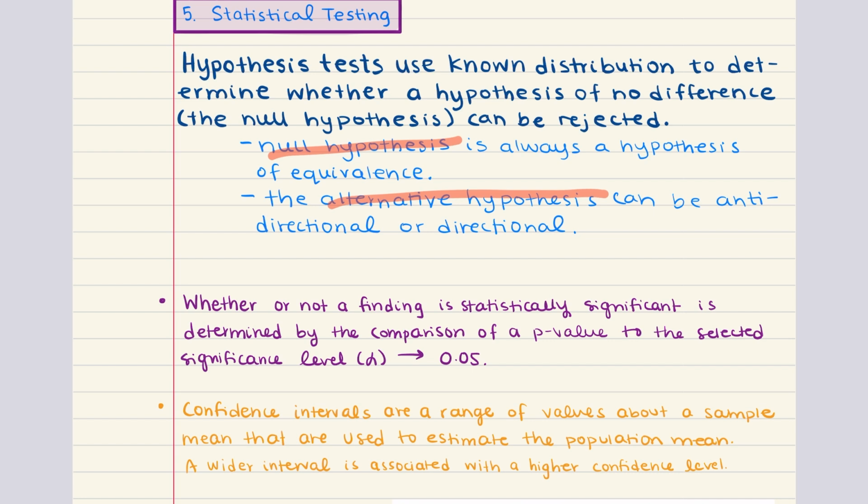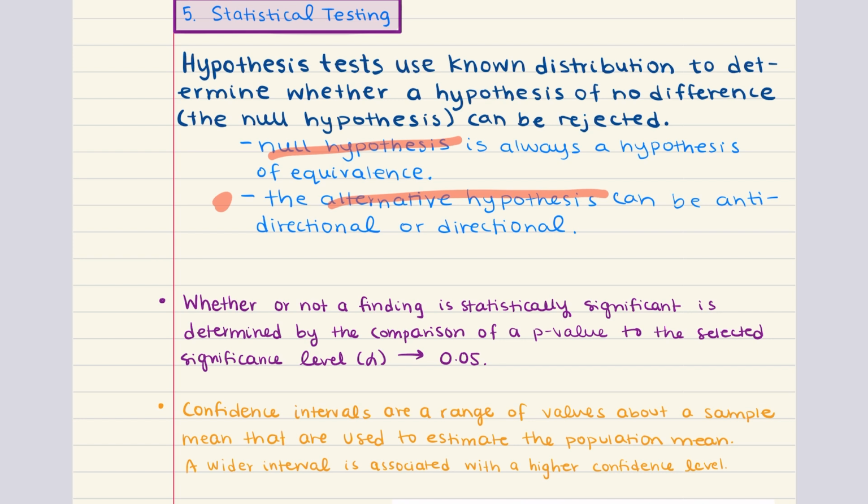For example, in a clinical trial, the null hypothesis might state that a new drug has no effect on blood pressure compared to a placebo. On the other hand, the alternative hypothesis proposes that there is an effect or there is a difference.